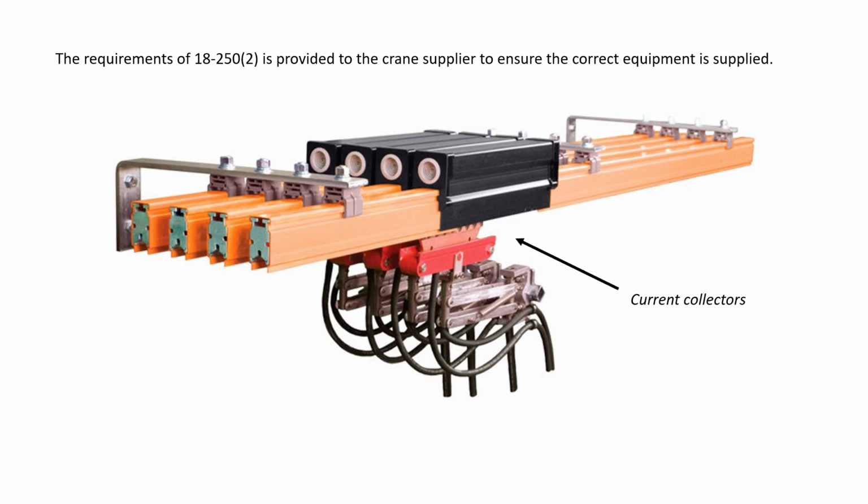Now, the current collectors, as indicated in the rule, I think it says 2 current collectors per bus bar. This would be something that you would forward to the subcontracting company that's supplying the overhead crane, not really something you would be determining as an electrician when you install it.